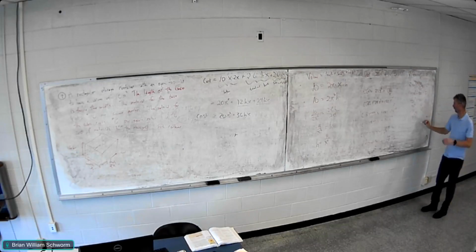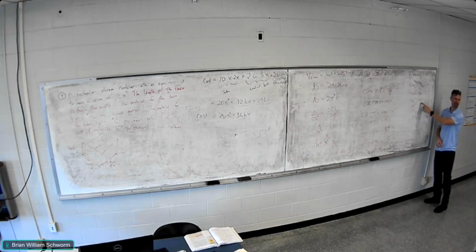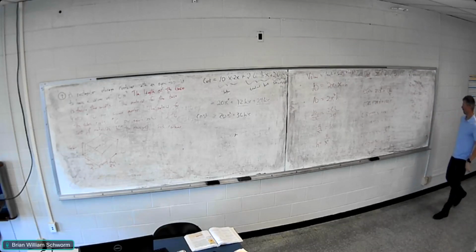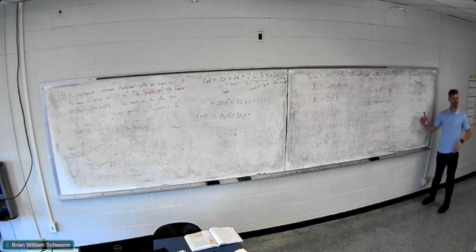X cubed is, see, that reduces. They both end in 0, so I know they're divisible by 10, so that'd be 18 over 4. But then that reduces further because 18 and 4 are both even, so 9 over 2. To get rid of the third power, I take the third root.